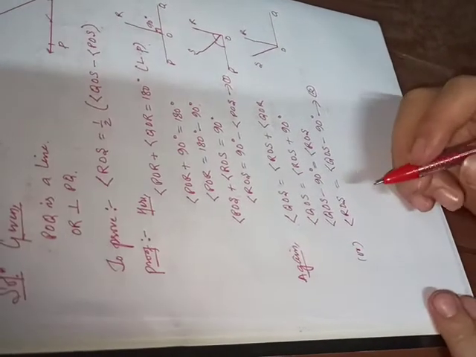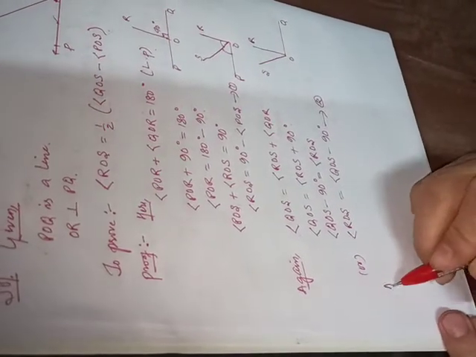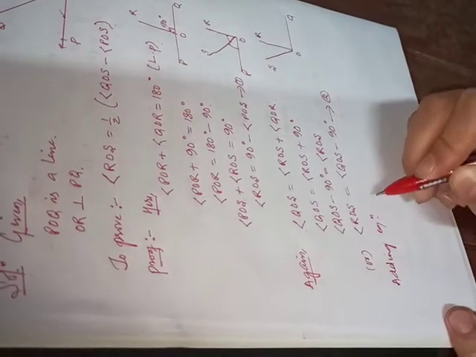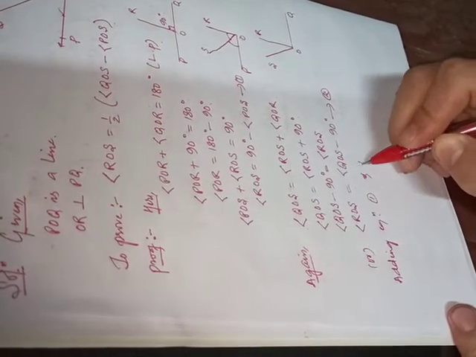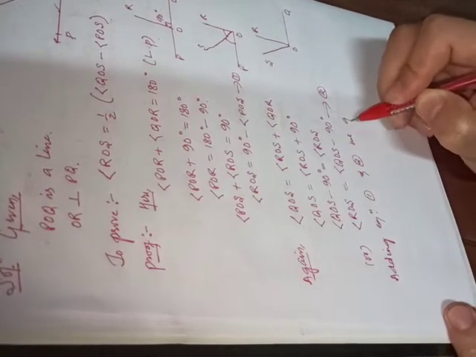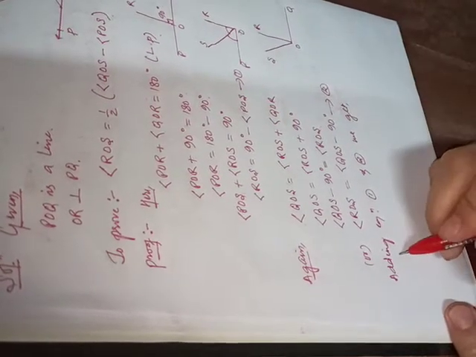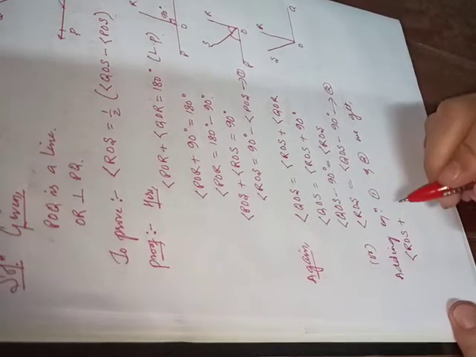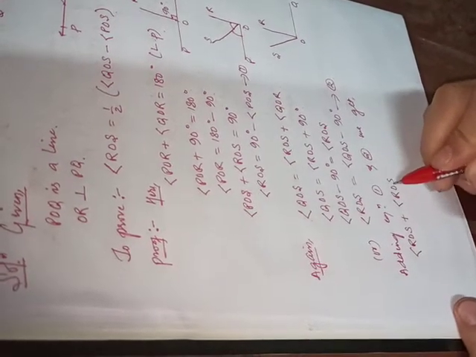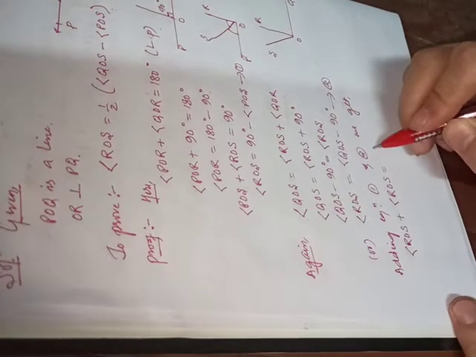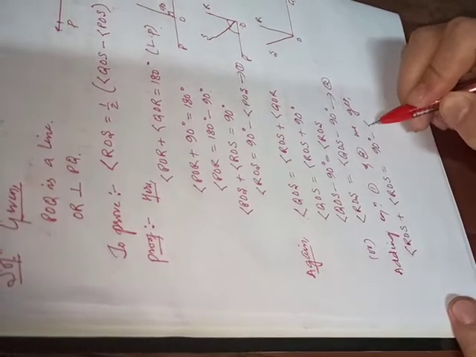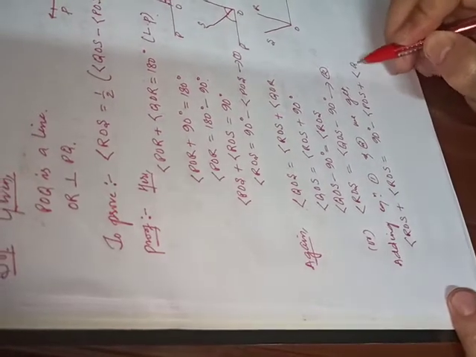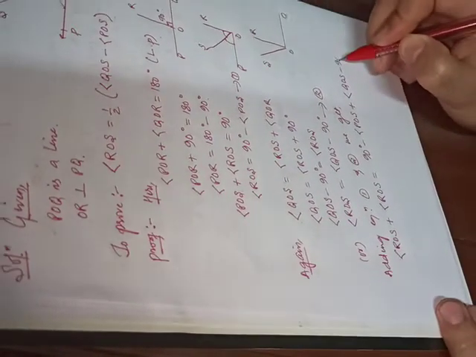Now the next step, what I'm going to do is add equation 1 and 2. So adding equation 1 and 2, what do we get? The left side is angle ROS from equation 1, and from equation 2 also angle ROS, equal to the right side, which is 90 degrees minus angle POS plus angle QOS minus 90 degrees.